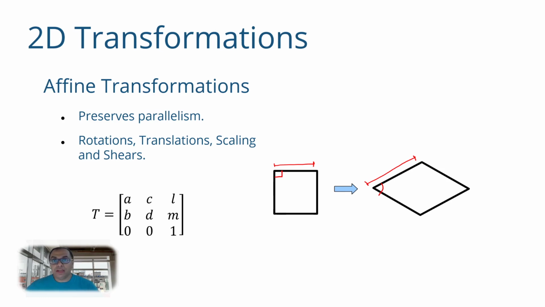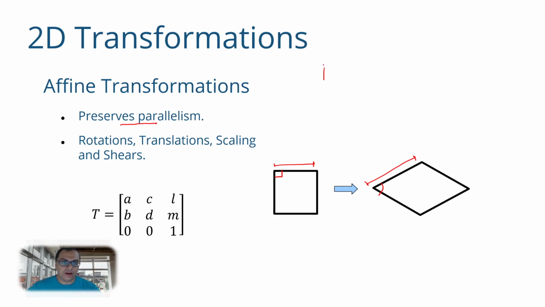So, is there any geometric property that is invariant under the affine transform? Well, as it happens, there is a property that is invariant under affine transform, and the property is that if two lines are parallel to each other, then after applying the affine transform, they will stay parallel. So the affine transform preserves parallelism. So using an affine transform, you can change a square at best to a parallelogram.